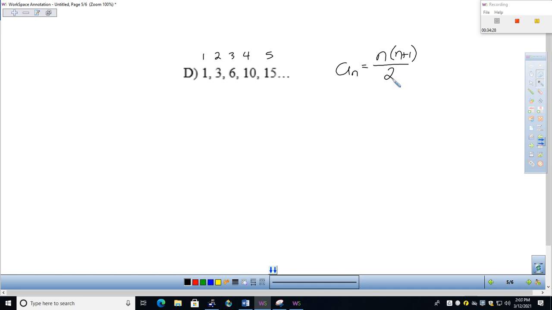And that's it. So if this is the fourth term, I would take the 4 as the input, times 5 as the next input, multiply them, and divide by 2.